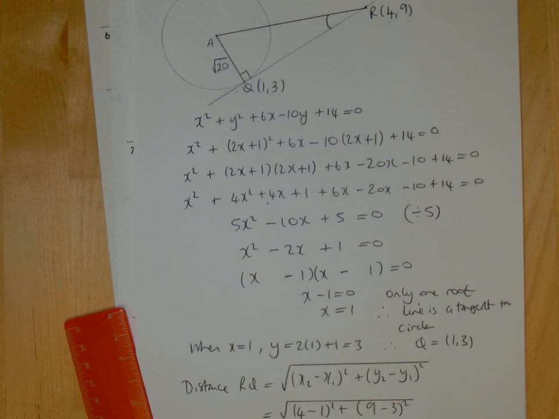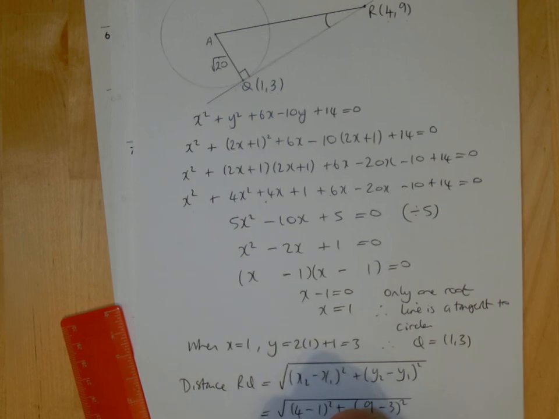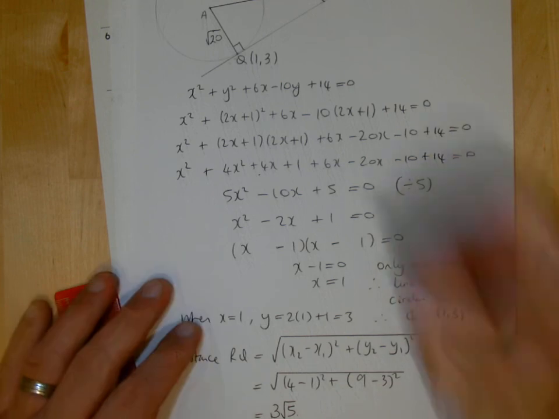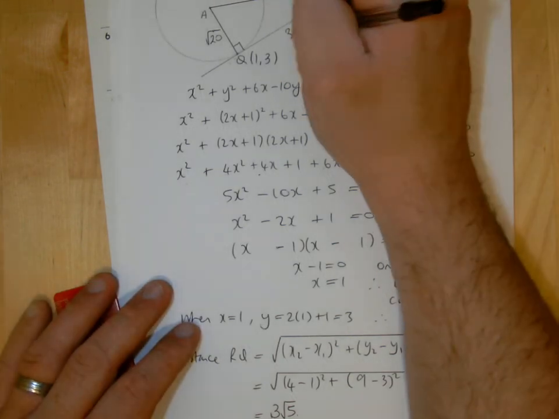So let's work it out on a calculator. That comes out to be 3 root 5, that's what I get there.